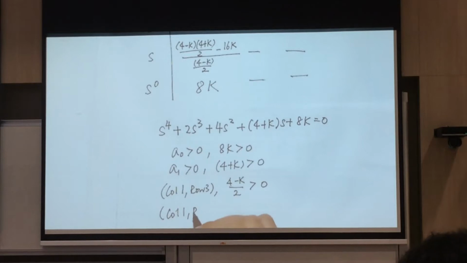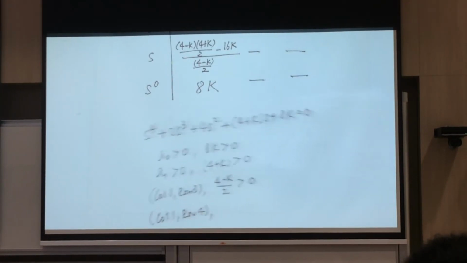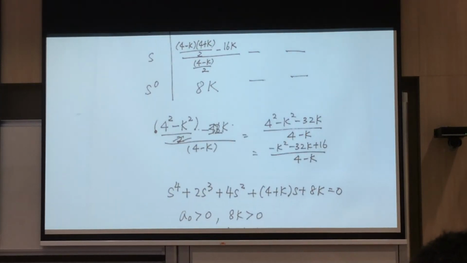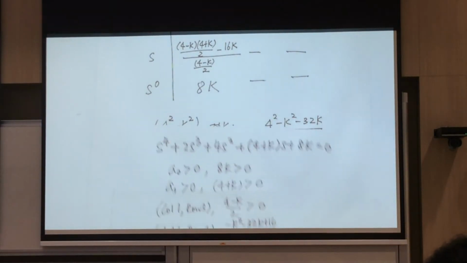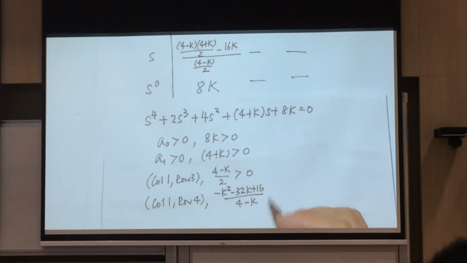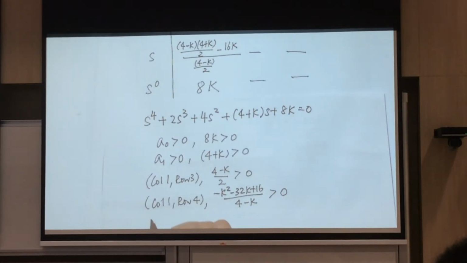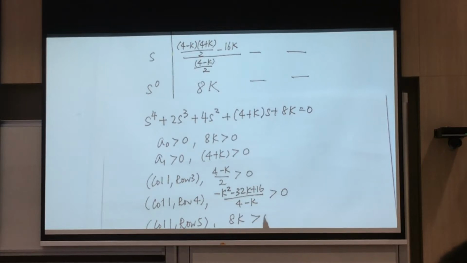Column 1, row 4, just simplify already: minus k squared minus k, 16, over 4 minus k, bigger than 0. Column 1, row 5, bigger than 0.